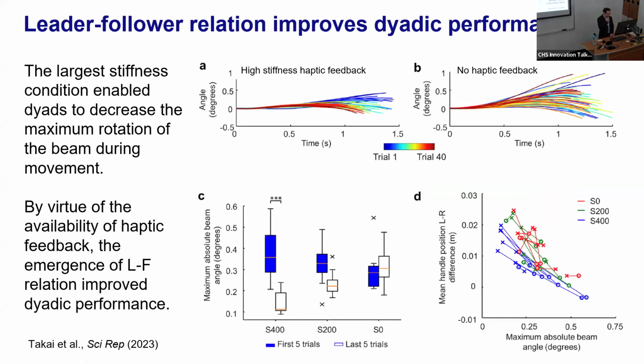And this is the last slide of the results, which kind of captures the key of the study. So what about performance? We asked them to minimize the tilt angle of the beam, okay? And again, this is now showing the angle versus time from the start of the trials to the end.